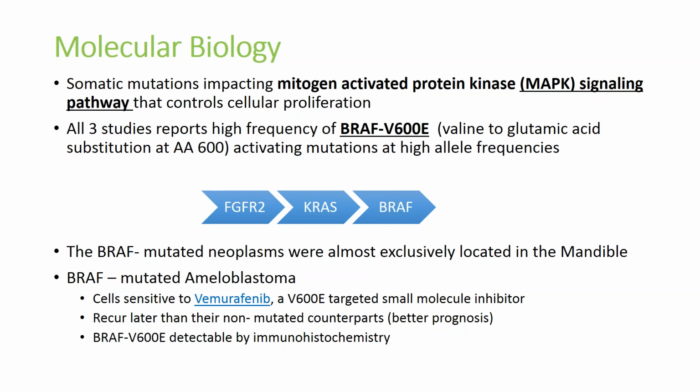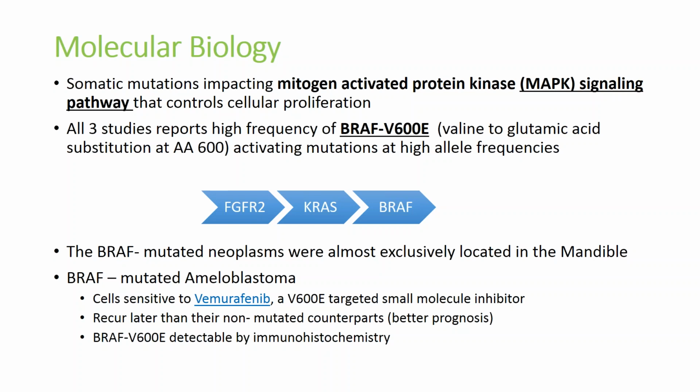All 3 studies report high frequency of BRAF V600E, and the BRAF mutated tumors are almost exclusively located in the mandible. The cells were sensitive to targeted molecular therapy, and there have been some small studies looking at using this as targeted therapy, especially in association with syndromes.